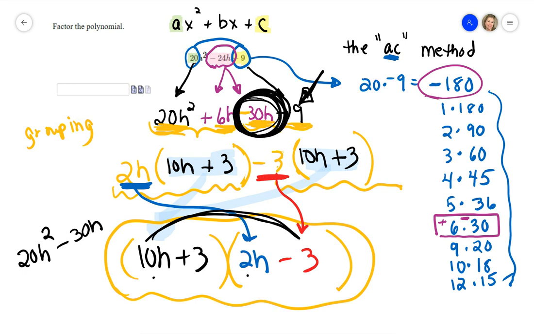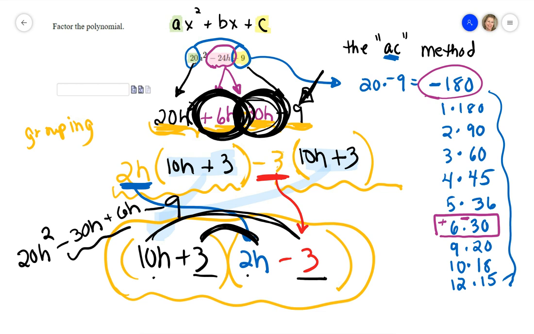And then your insides are here, positive 3 times 2h. There's my positive 6h, which is what I had right here. And then last times last is a negative 9. And then these two here combine to be negative 24h, which is what I had to begin with.